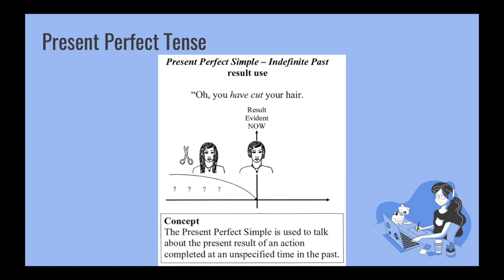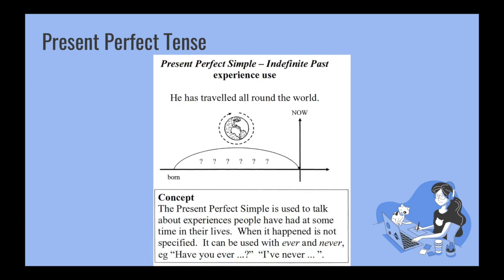And then indefinite past, for the result. So you see the result, you see the evidence now. For example, oh, you have cut your hair. So we use it to talk about the present result of an action completed at an unspecified time in the past. And the last one is when we talk about experience.